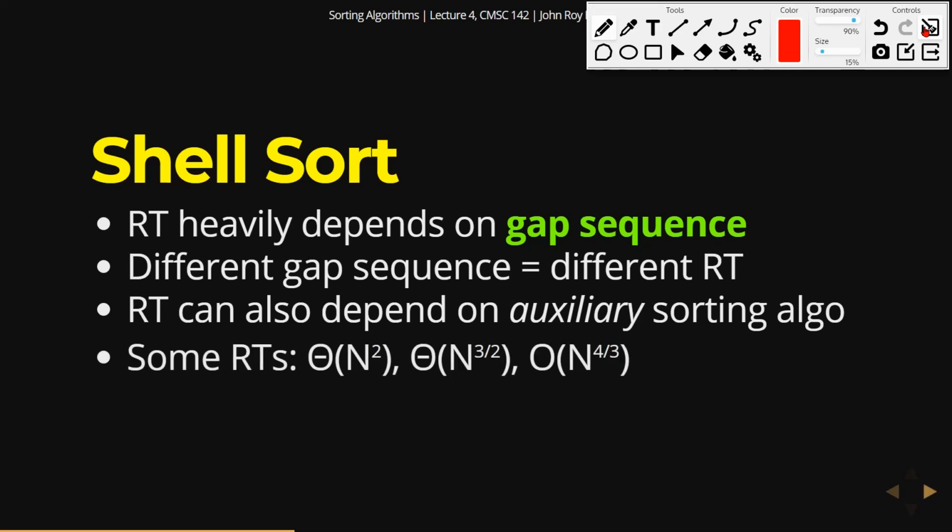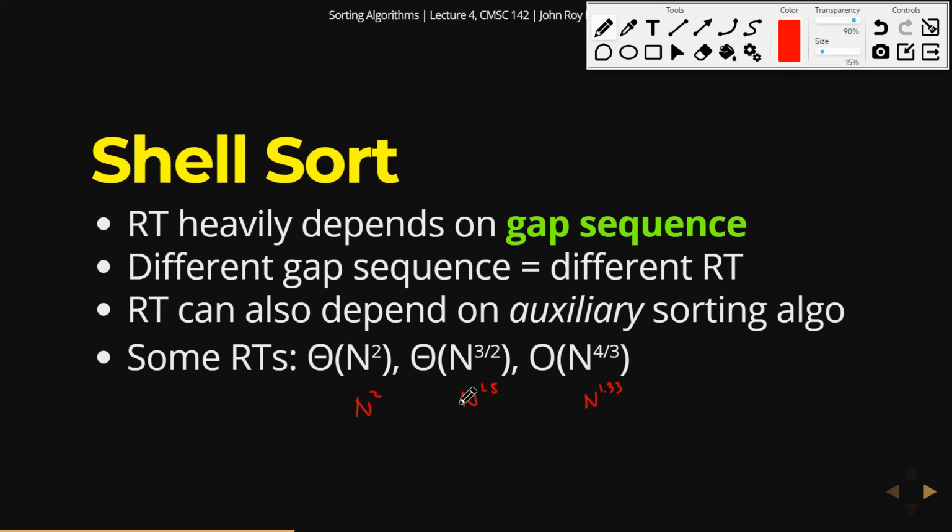Okay, so some known running times for shell sort could be around omega of n squared, omega of n 3 over 2. So this is n squared, this is n to the 1.5, and then this is n to the 1.33, because this is 1 and 1/3, right?